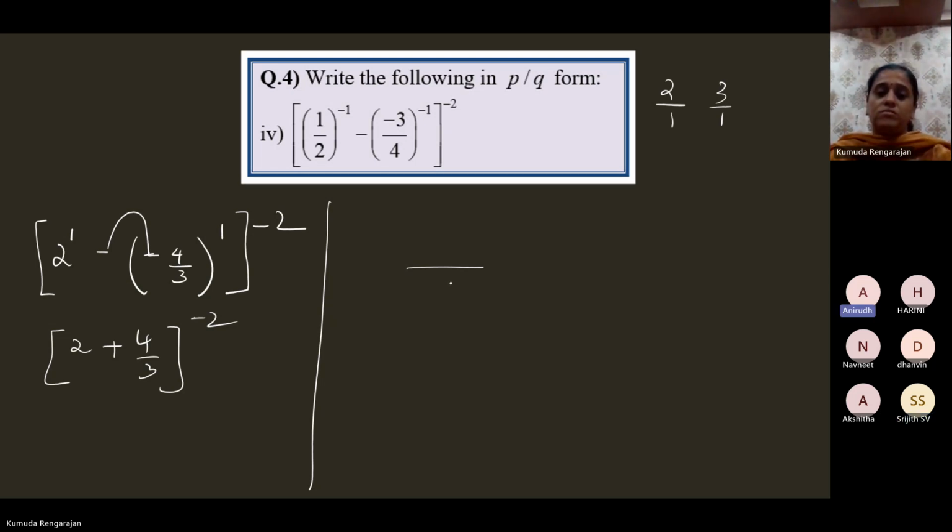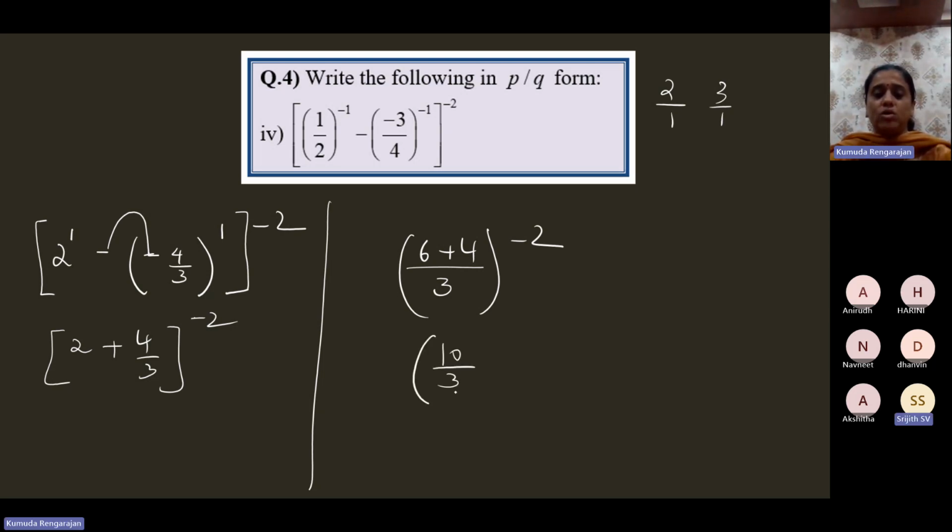3, ma'am. So it will be 6 plus 4, the whole power minus 2. 6 plus 4 is 10. 10 by 3, the whole power minus 2. After this, Srijit?